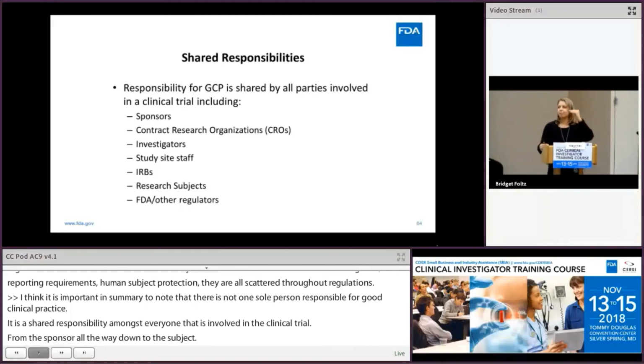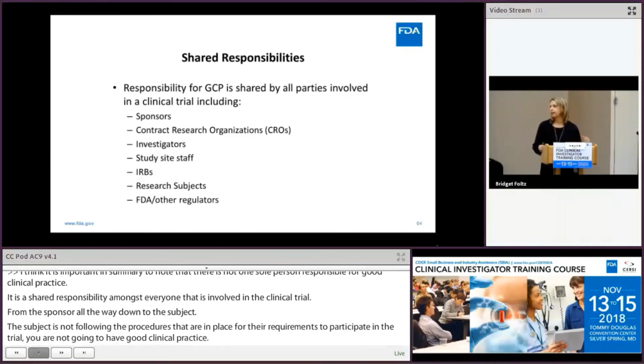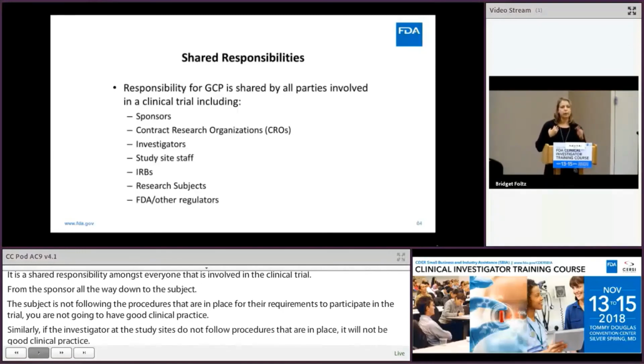Similarly, if the investigators and study site staff do not follow the procedures that are in place, there won't be good clinical practice built into that trial. And even us as regulators have responsibility for good clinical practice, for ensuring that the requirements are being met.